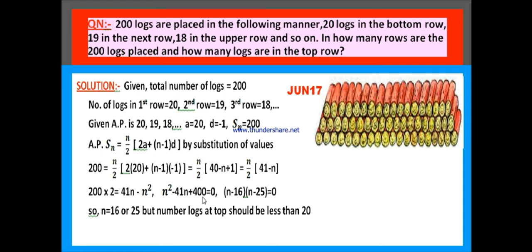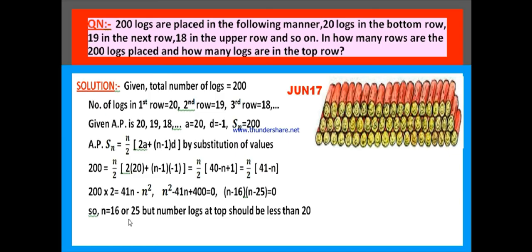Now if you find the factors of 400, 16 into 25 is 400, and their sum is 41. Therefore you can write this as (n minus 16) into (n minus 25) is 0. Then either n is equal to 16 or n is equal to 25.